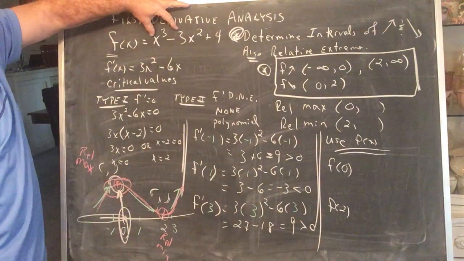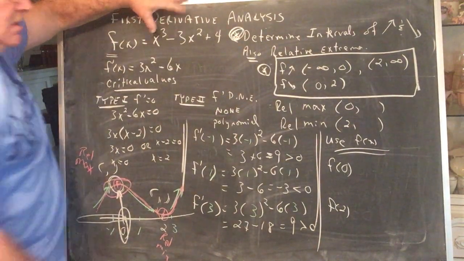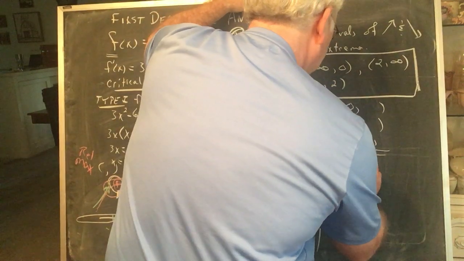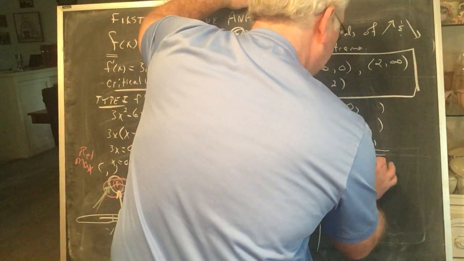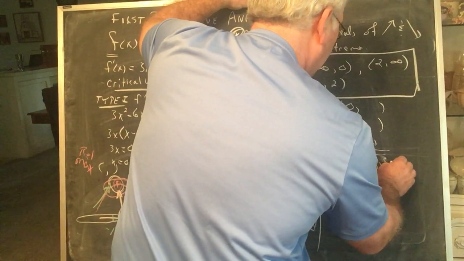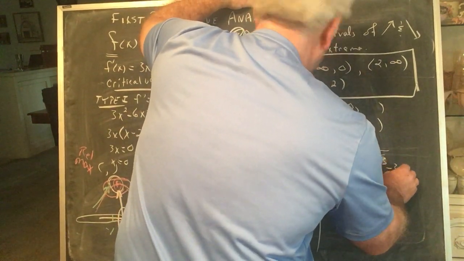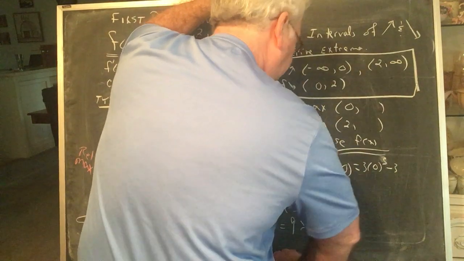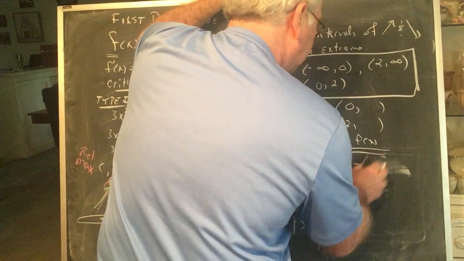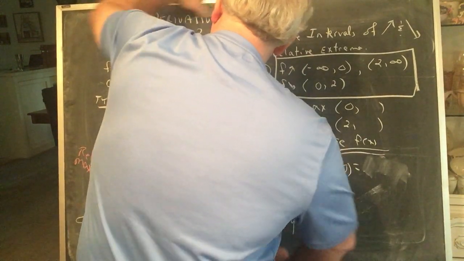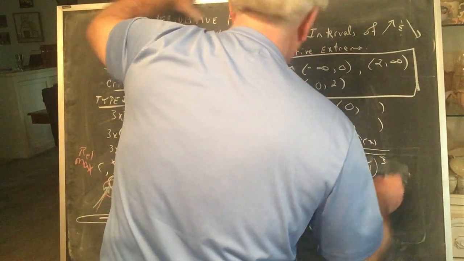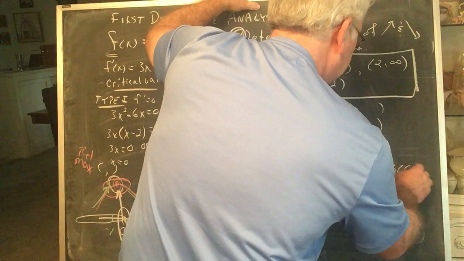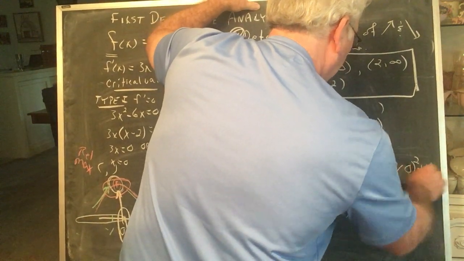Well, f of 0 is not particularly challenging to find. I'm going to use the correct function here: this is 0 to the third minus 3 times 0 squared plus 4, which is 4.